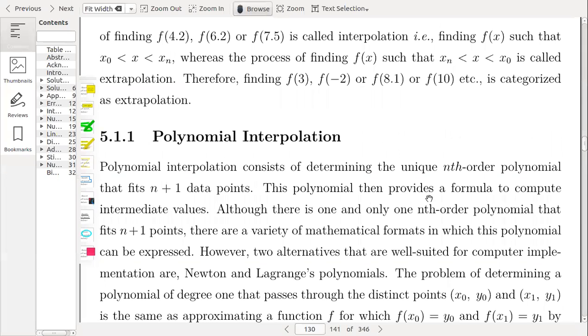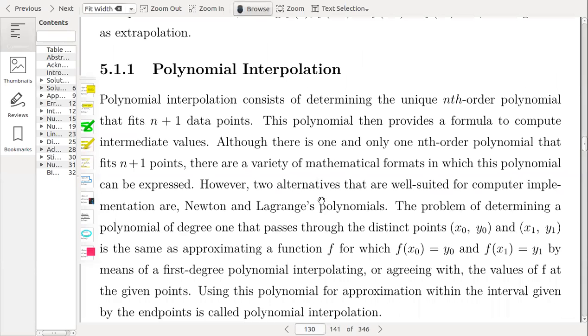So it means first we will construct a polynomial of degree n, and to construct it we require data points, which is n plus 1.